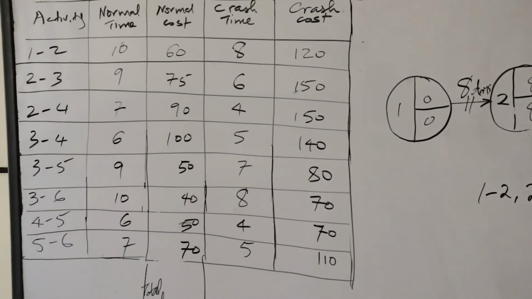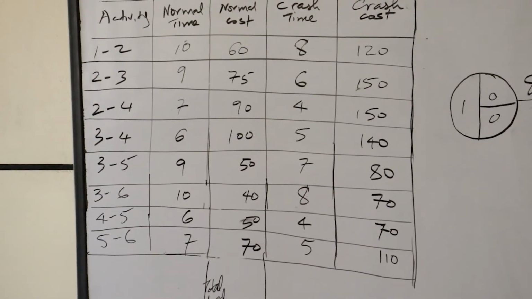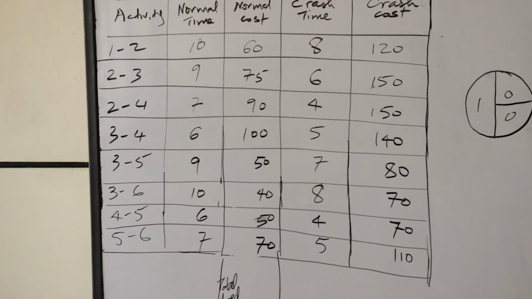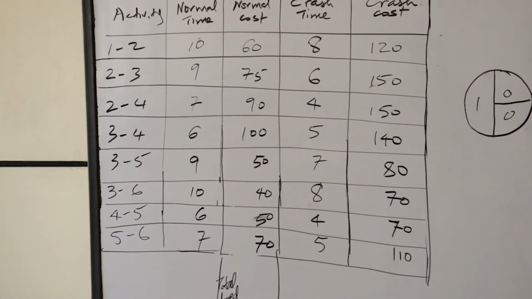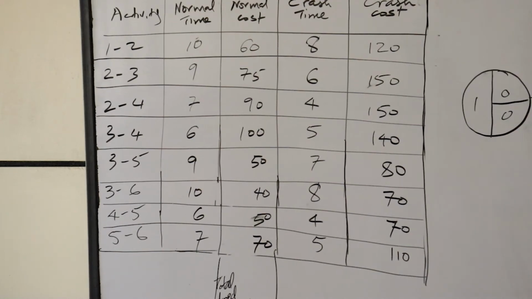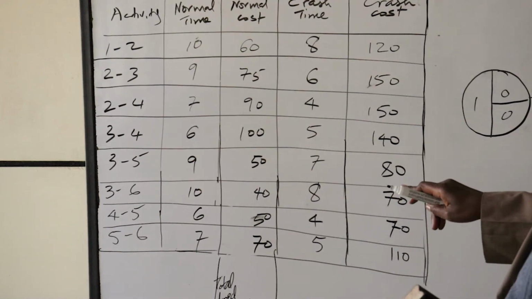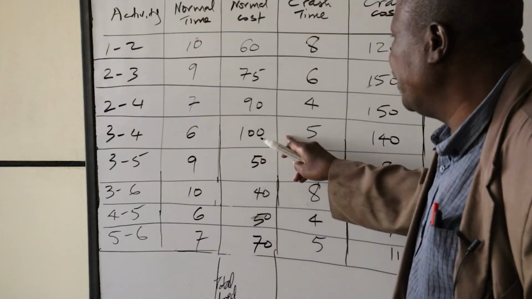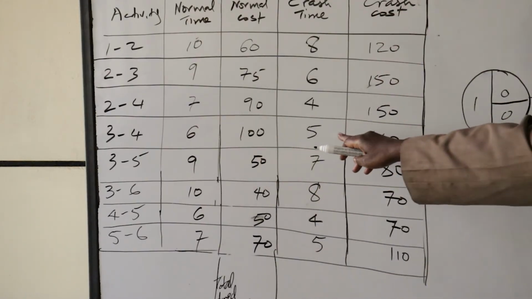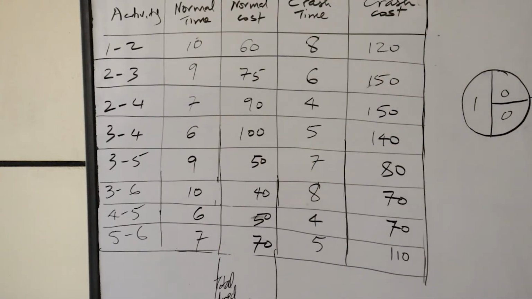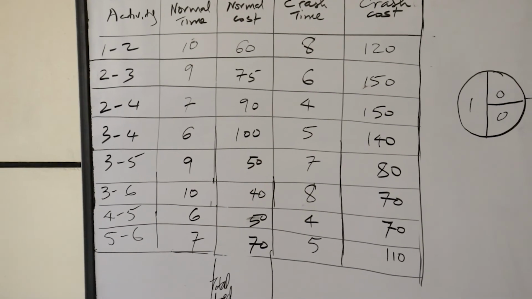How many days are available for crushing? 1 day, 6 minus 5. Activity 3 to 4 has 1 day available for crushing.